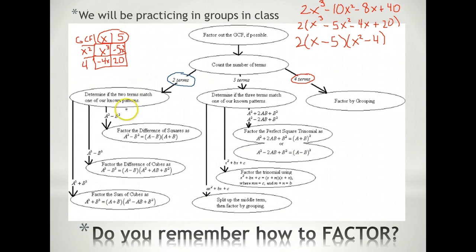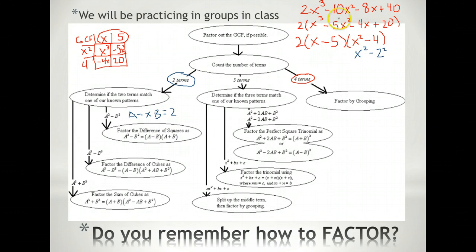So now I determine if my 2 terms follow one of these patterns. Is it something squared minus something else squared? Yes, this is. This is x squared minus 2 squared. So it falls into this pattern where a is x and b is 2. So all I do is apply this formula.